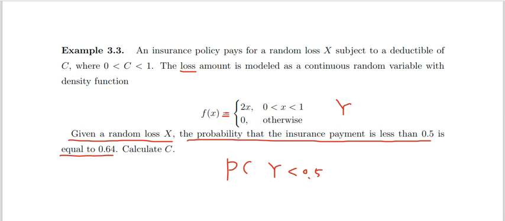Such a probability is equal, given that a loss happens, so x is larger than 0, okay, x is always larger than 0. So this probability is 0.64. So we want to find this deductible.